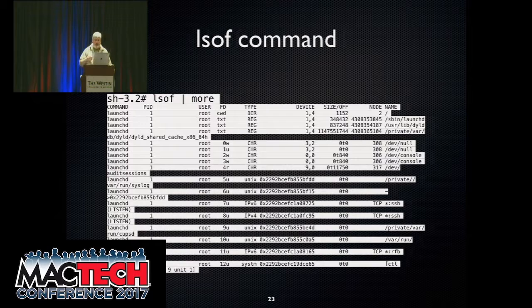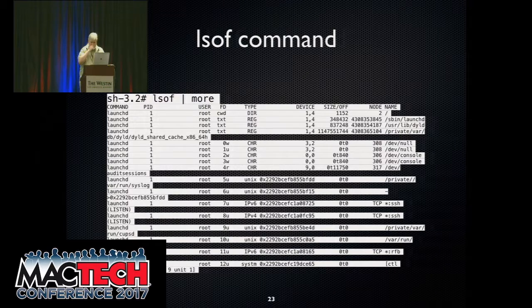Some of the values of the FD are CWD, which stands for current working directory, or TXT for a text file, MEM for a memory mapped file, mmap, which is a memory mapped device, and a number, which represents the actual file descriptor.